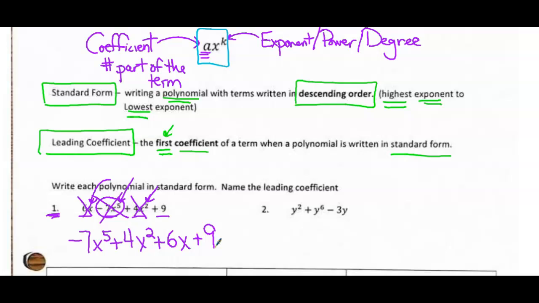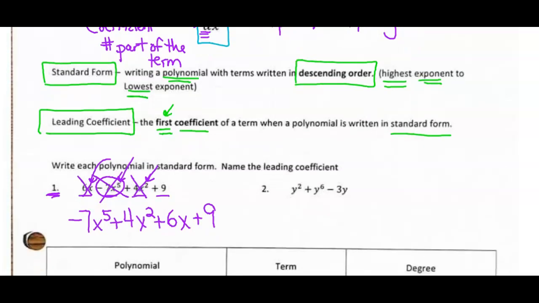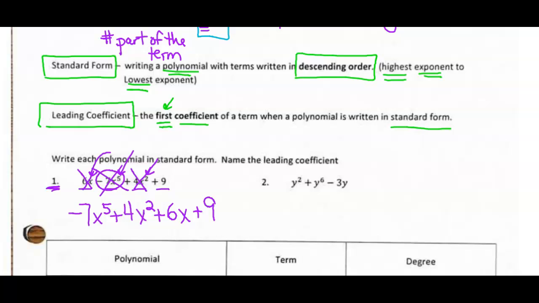That is in standard form. And there's one other question it says here. It says name the leading coefficient. The leading coefficient I'm going to put as LC. And remember, a leading coefficient is just the number part of the term, not the whole term. So the leading coefficient for this one is negative 7, because negative 7x to the 5th is your first term, and negative 7 is the leading coefficient.